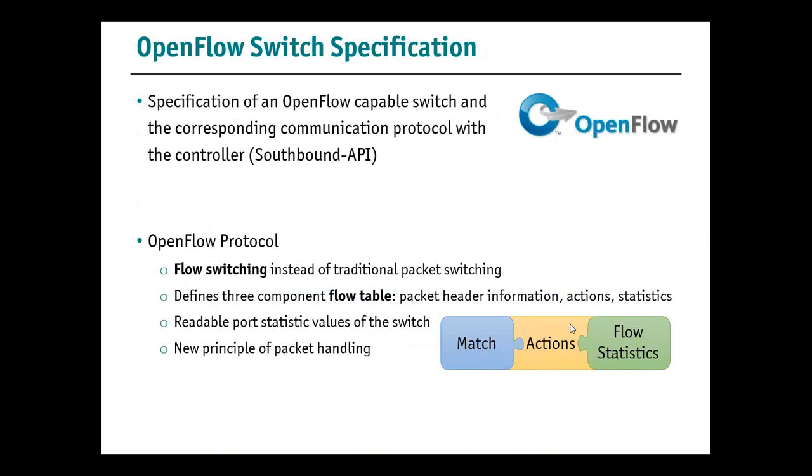And I can define these two components, the matching and the action fields, by myself, and the flow statistics are then created by the switch itself for every single flow entry, and I can, for example, use these flow statistics to present some information in StableNet, for example.